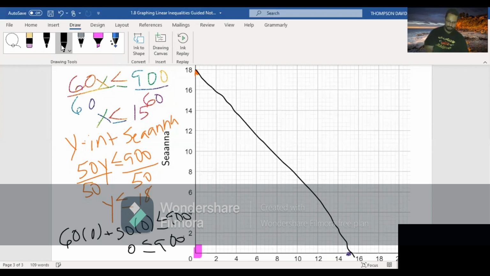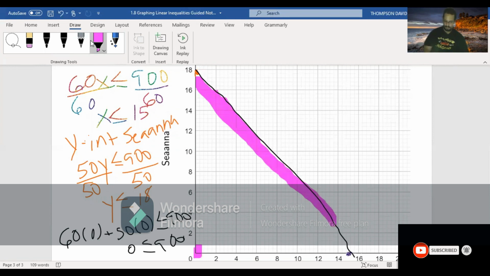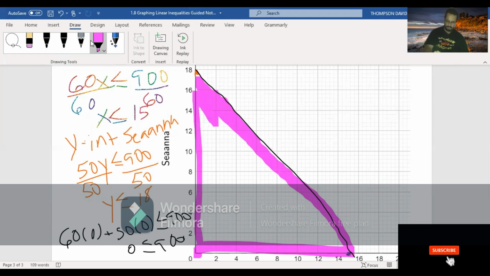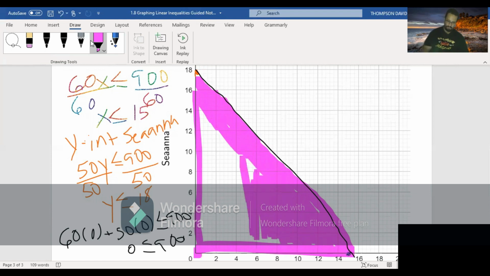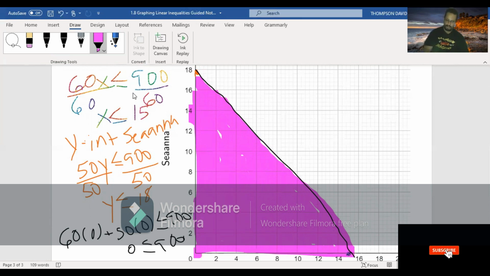So we're going to shade below the line. Let's make this a little bit thicker so we can shade it faster. So there's our inequality graphed.